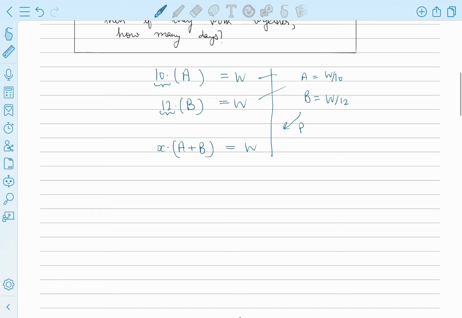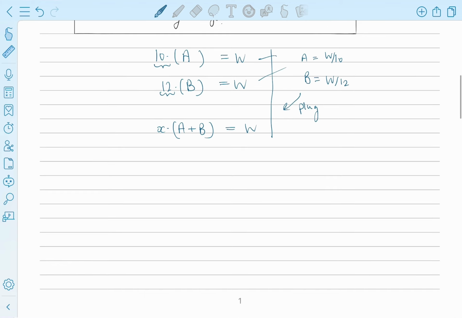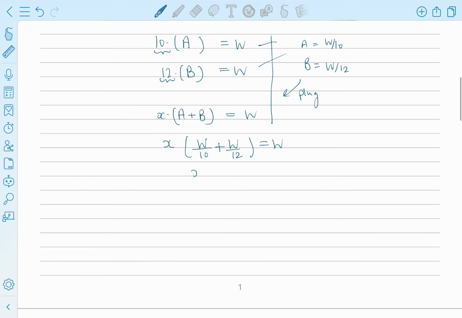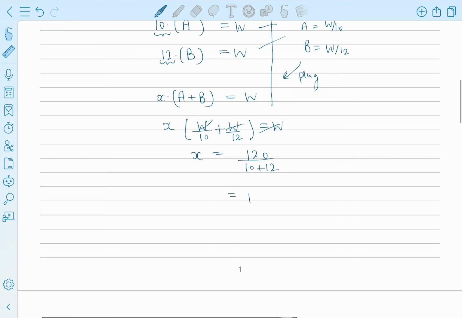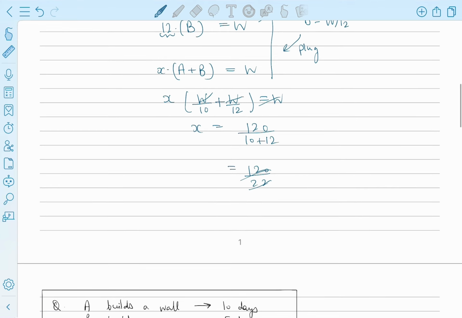Now I would plug it in the main equation: X into W by 10 plus W by 12 is equal to work, and then X would be equal to, we can cancel the W from here, and we would get 120 upon 10 plus 12 by taking the LCM, and then we would get 120 upon 22. We can solve this here, and we would get around 5 to 6 days in between.